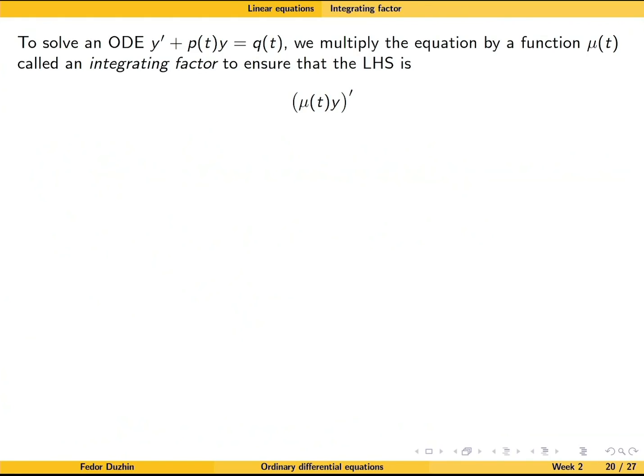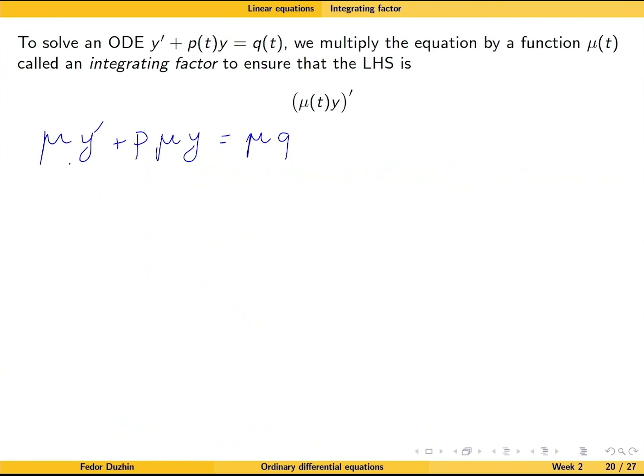In other words, we're going to multiply the original differential equation by this mu of t, so that the left-hand side becomes, I'm going to skip t, mu y prime plus p mu y equals, now the right-hand side is q of t instead of g of t. I hope it's not a big deal. So it's mu q.